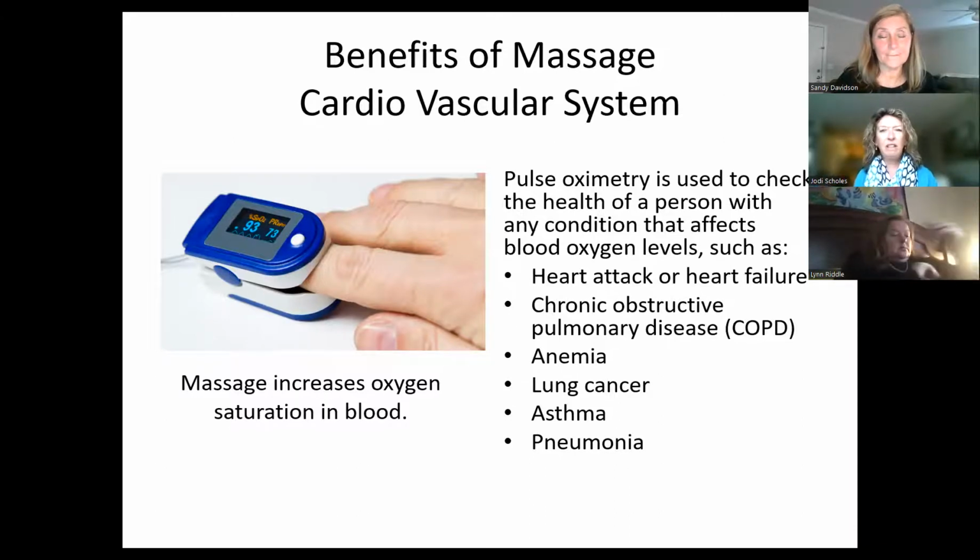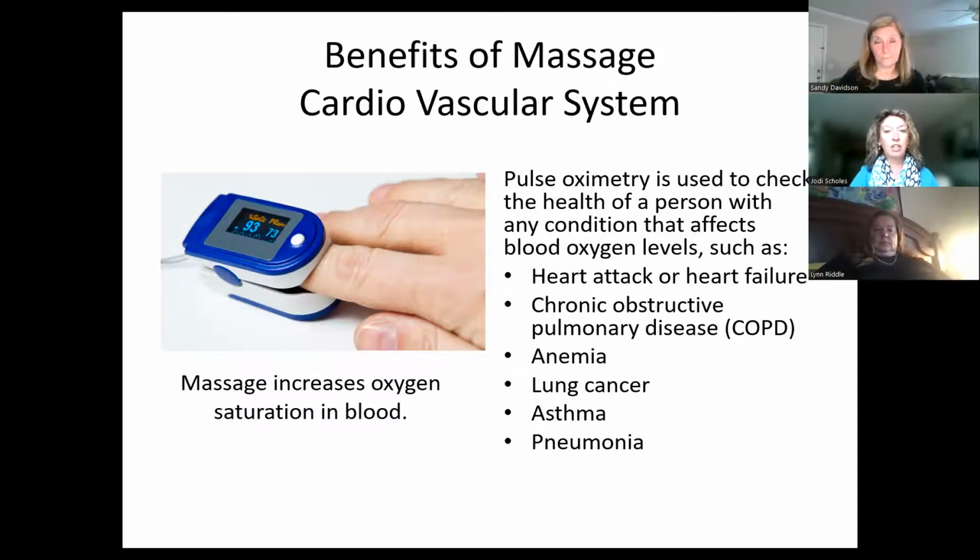Sometimes you'll see it in hospitals, but even people who are just monitoring their condition, maybe athletes, triathletes, use this little machine to make sure that their blood oxygen is staying strong. But massage increases oxygen saturation in the blood. So with a chronic condition, you could be in the 80s, but after massage, you would measure and see you were in the 90s. That's been tried and true and tested, researched, and proven that massage increases the oxygen saturation levels in your blood.